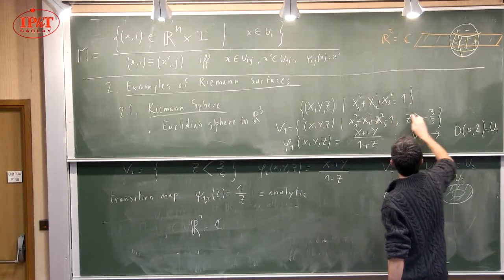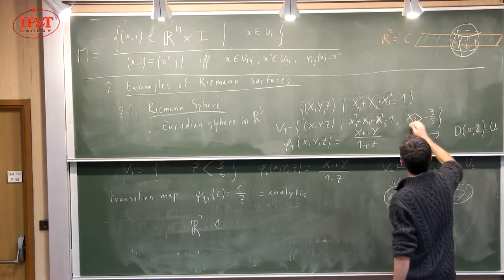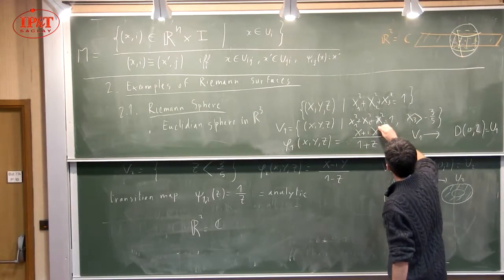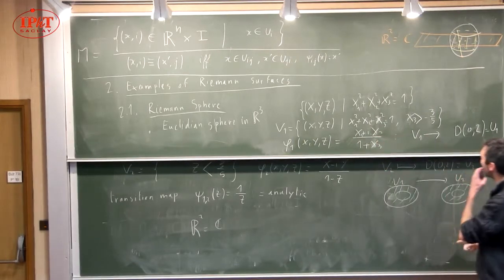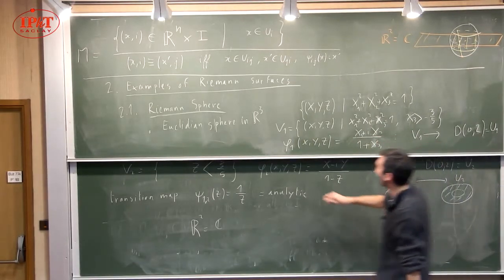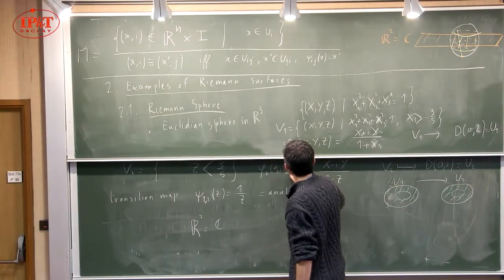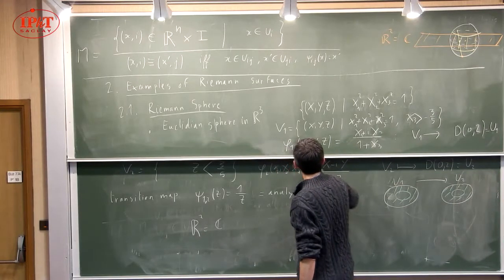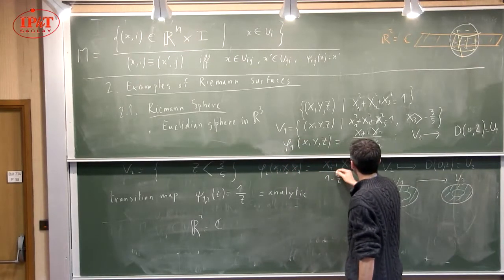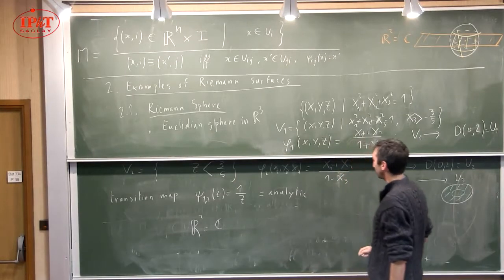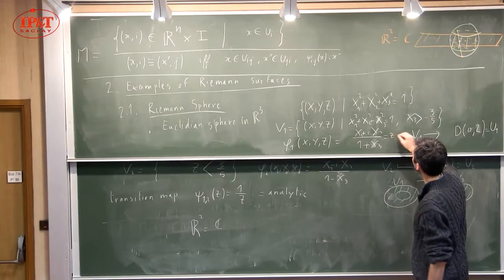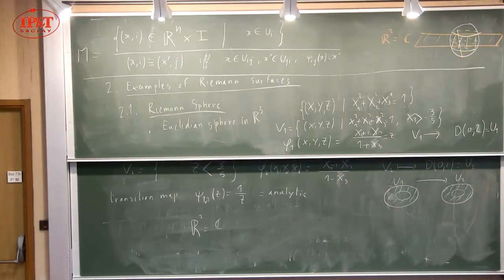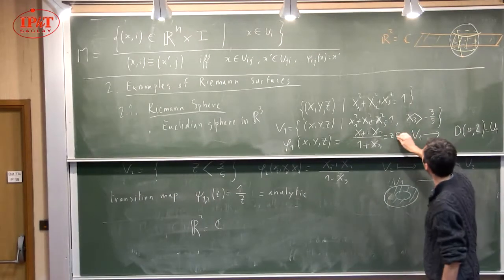And here it's x3. So this is what we shall call Z. Now it's a complex value. Something which is complex valued. It belongs to C.